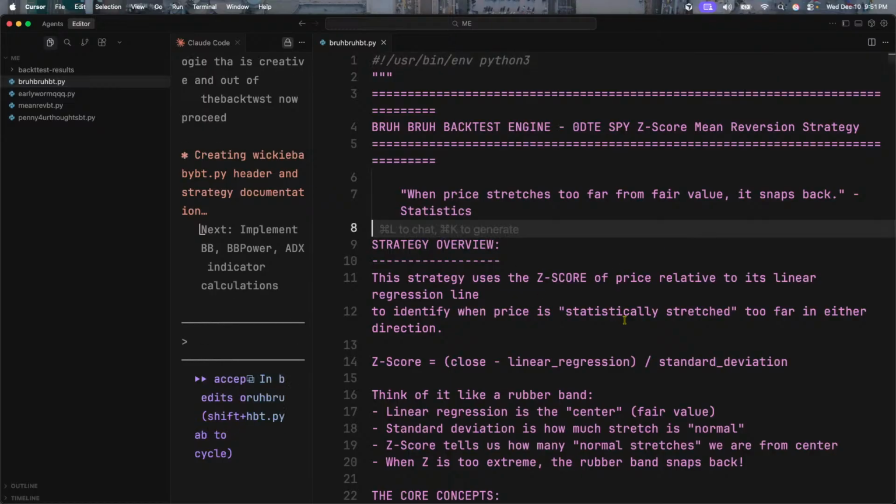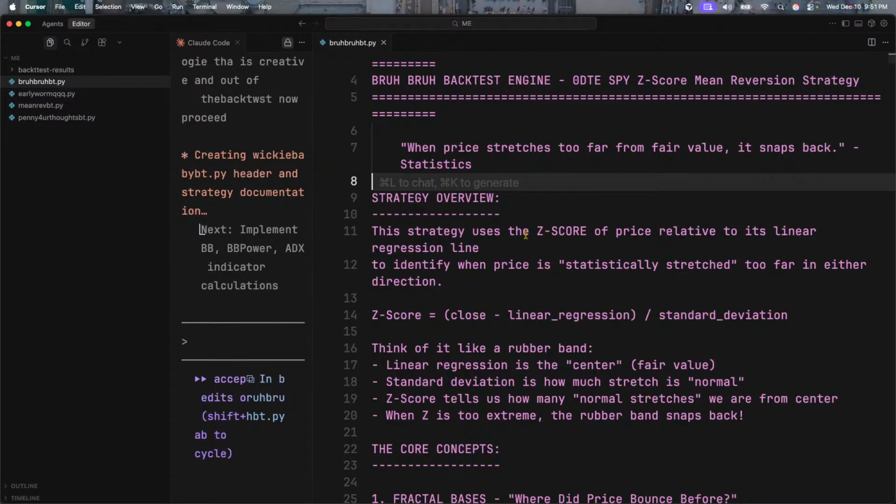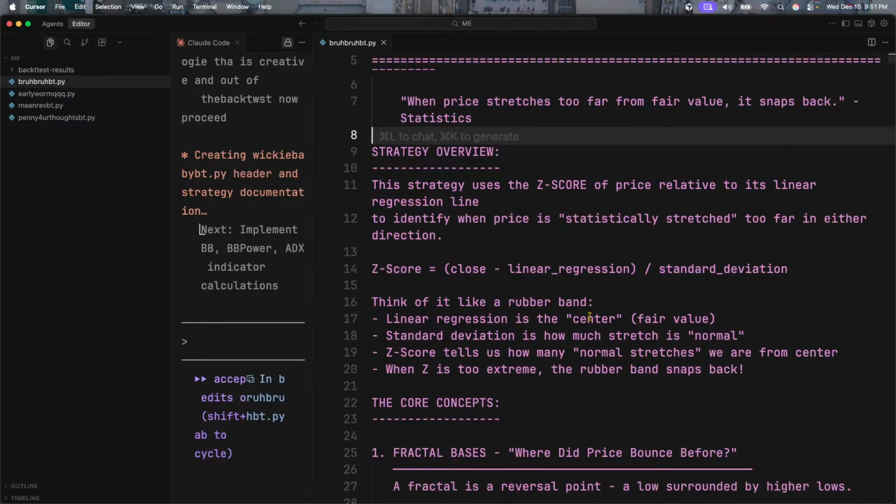All right, so this strategy uses the Z-score of the price relative to its linear regression line to identify when the price is statistically stretched too far in either direction. So the Z-score equals the close minus the linear regression, divided by the standard deviation.